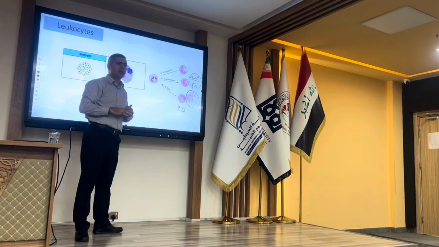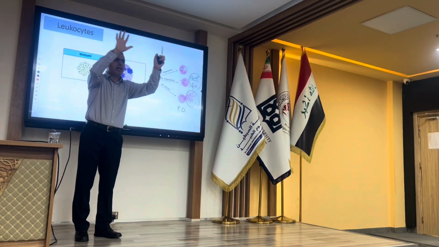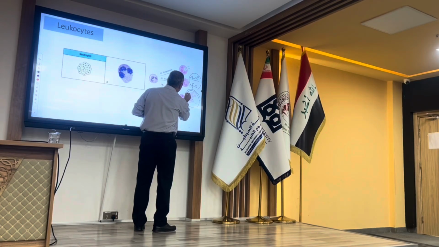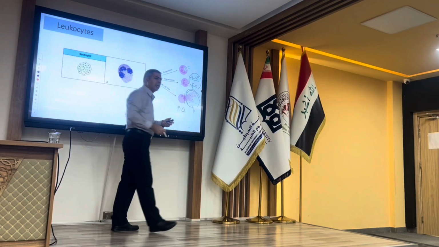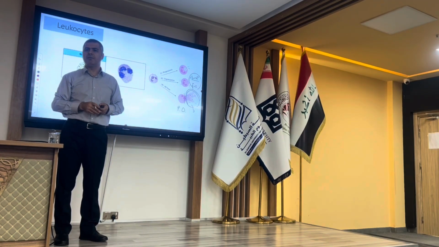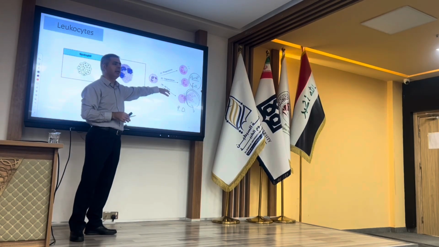A trap composed of nucleic acid and toxic materials, so this trap can trap, for example, a bacteria or a bunch of bacteria or a bunch of fungi. Is that clear? It is called netosis.